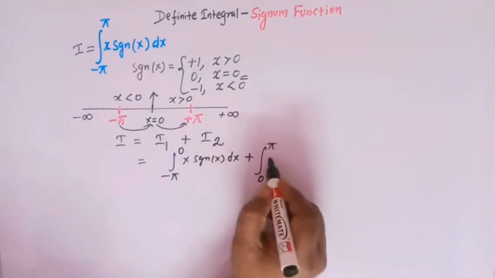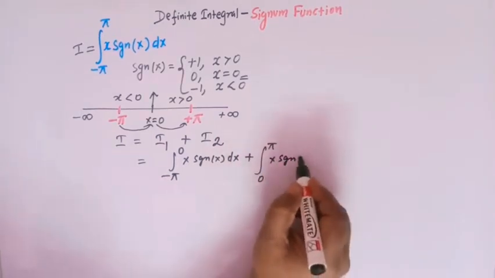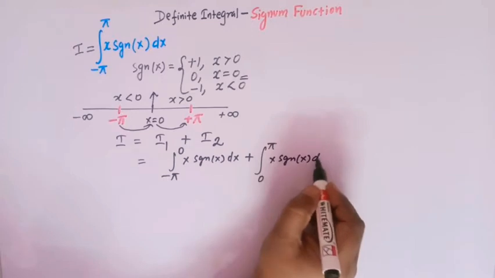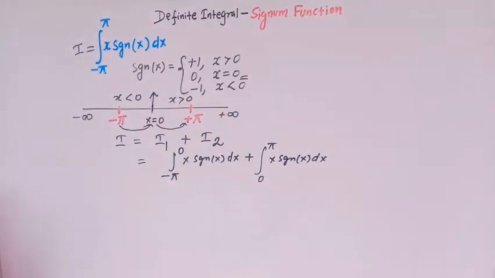So this is how we break the given integral as a sum of two integrals.